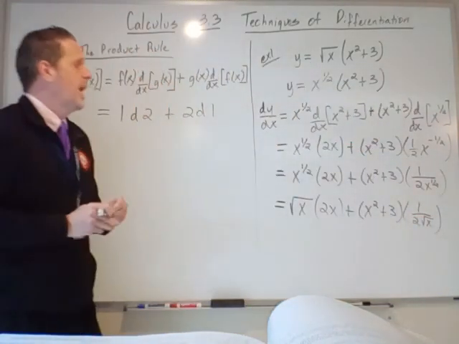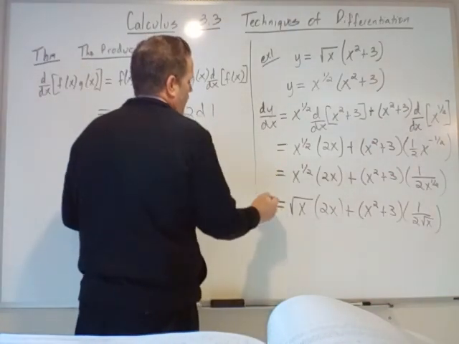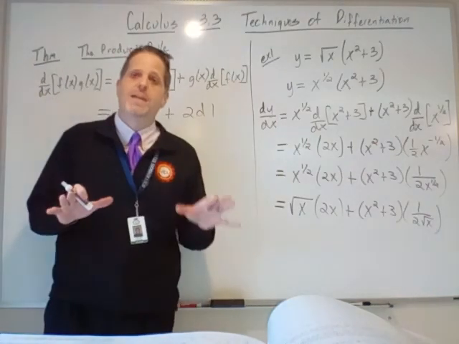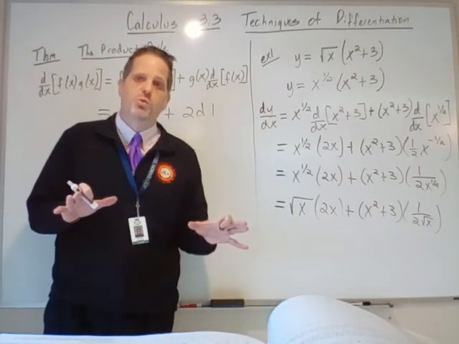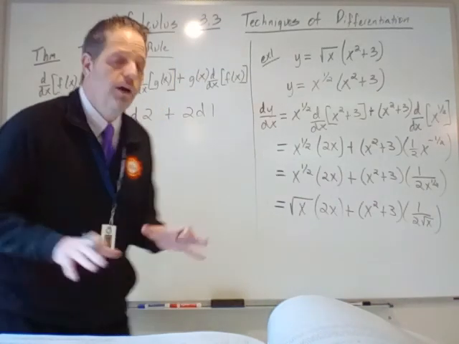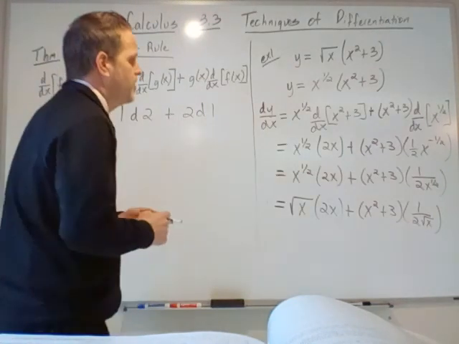So I've got 3 different forms here for that derivative. And I'm keeping them separated because we used the product rule, the 1d2 plus 2d1, to get our answer. So I've got 3 different answers which would suffice.